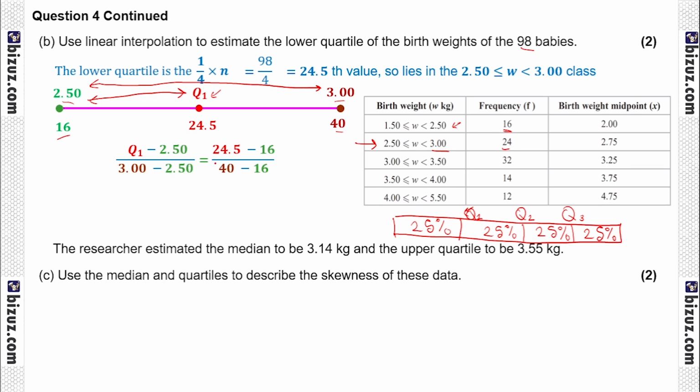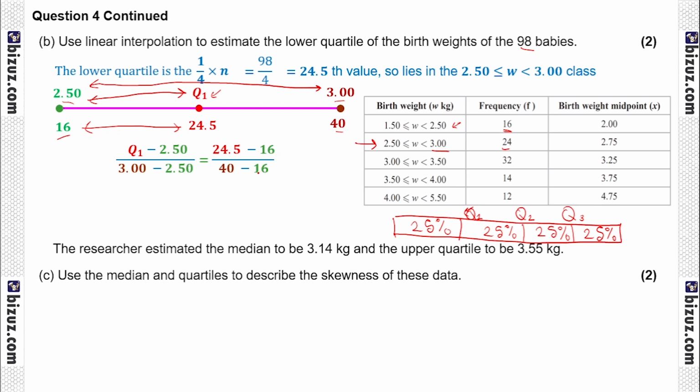This ratio should be approximately equal to the same ratio with the cumulative frequencies at the bottom. So here we took the small gap, 24.5 minus 16, divided by the large gap, which is 40 minus 16.